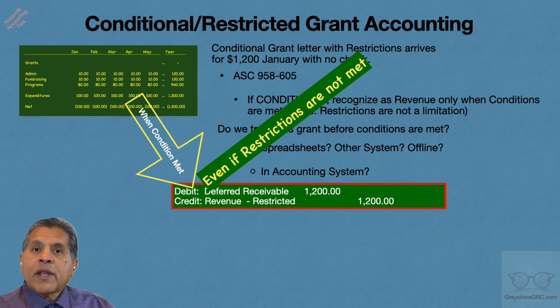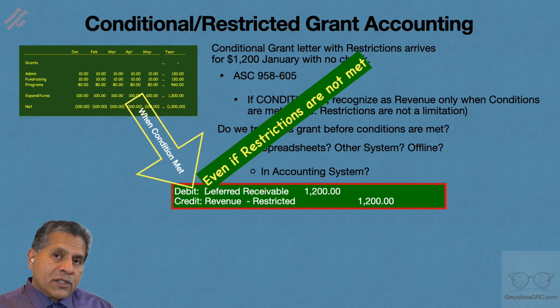The other entry, credit revenue restricted, it really puts it on the revenue line. I mean, it sounds great. It's good for viewing and for management reporting, but imagine at the end of the year, if this transaction hasn't cleared itself out because the restrictions haven't been met. What happens is that item becomes part of the closing entry and ends up in net assets. Now, when the new year opens up, that revenue restricted vanishes.